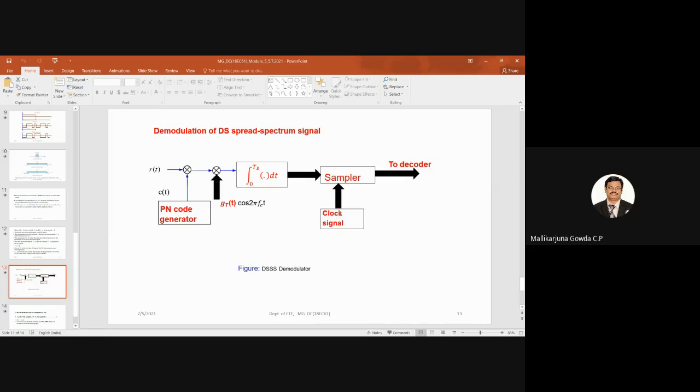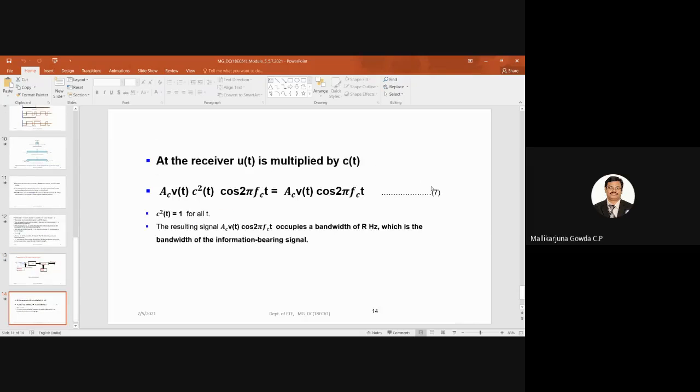Another input given to the sampler is the clock signal, so this needs synchronization. The clock has to be estimated so that exactly at that particular sampling time interval, we get the value of that sample. Then it goes to the decoder, which may be an ML decoder or something else. So that is all for the estimation.